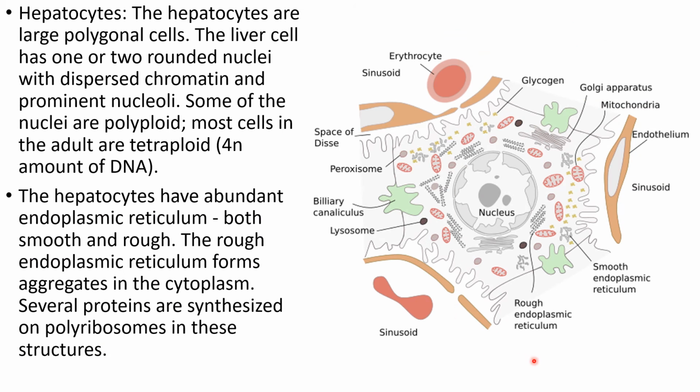Now let us look into the structure of an individual, a single hepatocyte. Hepatocytes are large polygonal cells. These cells may have one or two nuclei. Presence of a single nucleus is very common. Sometimes they may possess one extra nucleus also, but most of the time they possess a single nucleus.